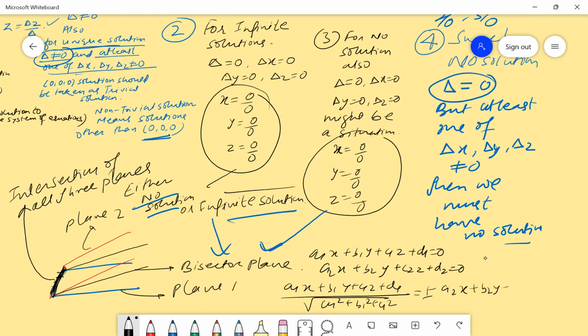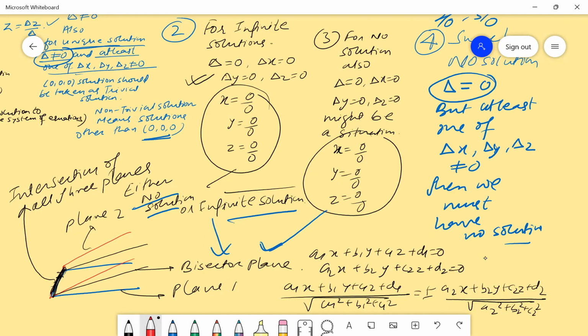Now from this, you can take one of the planes. And when you make determinant out of them, like delta, delta x, delta y, delta z, then you will get delta 0, delta x 0, delta y 0, delta z 0, but you will get infinite solutions, not no solutions.